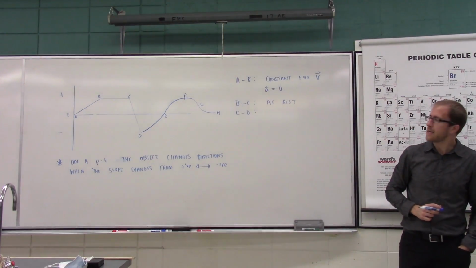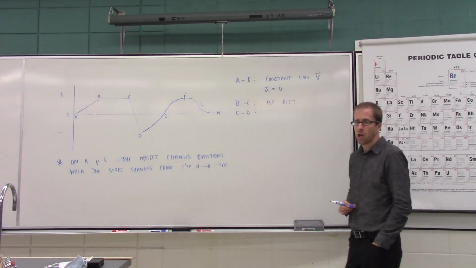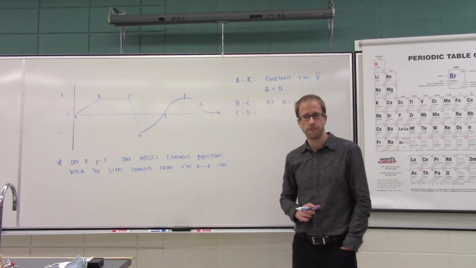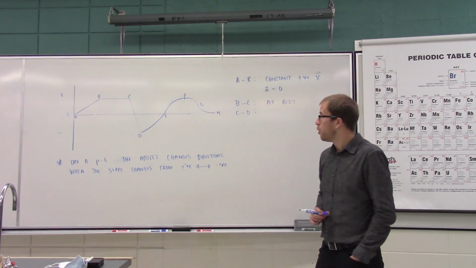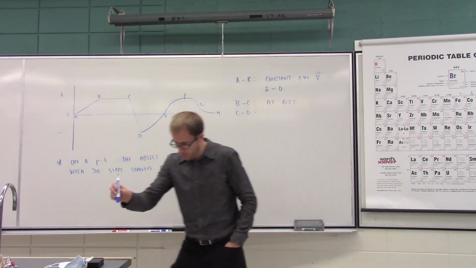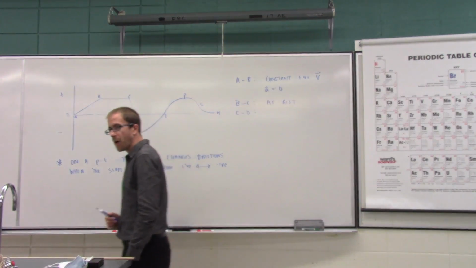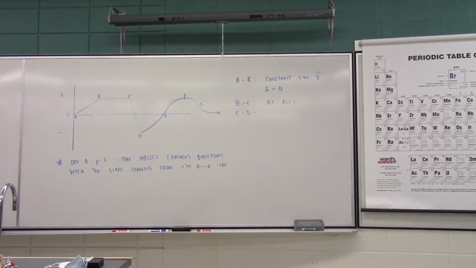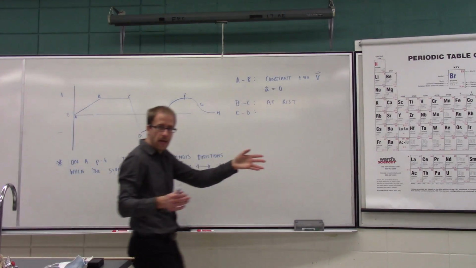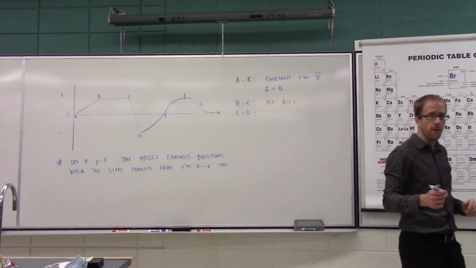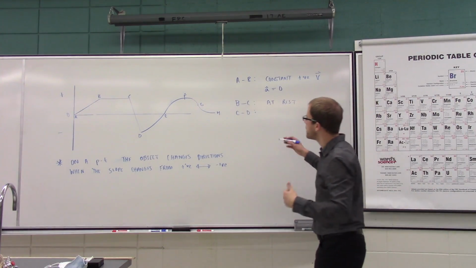So at C to D, is my object now traveling in the opposite direction? Yes. Correct. Right? From A to B, if this was my 0 point here, and this is the positive direction, from A to B, I'm moving at a constant positive velocity. I stop for a little while. And then from C to D, I am now moving at a constant negative velocity, right? I'm moving in the opposite direction.